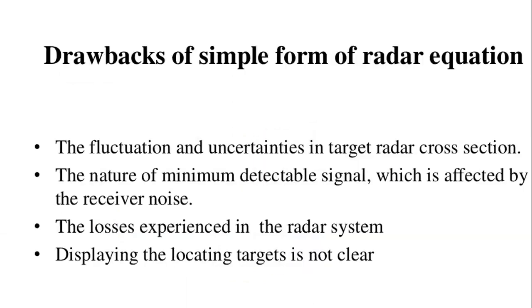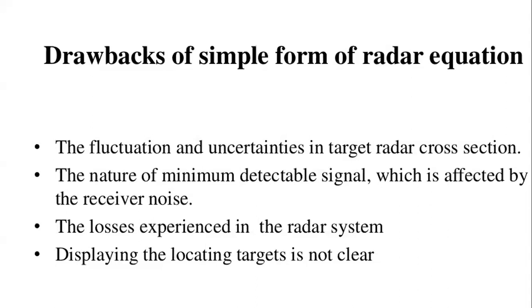Now here, there are some small drawbacks which pop up with this radar equation. That is, if the weather conditions are not very good, and a lot of fluctuations are happening, then the range that we get is not exactly correct. Then one thing is that, like we said, when the signal has been sent, you should receive the signal and then only the next pulse should be sent.